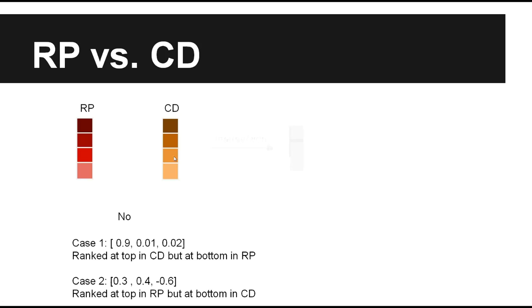So what I do is basically take the intersection. I only pick the genes that are ranked at the top by both methods. I think this is the safest way to get the differentially expressed gene list.